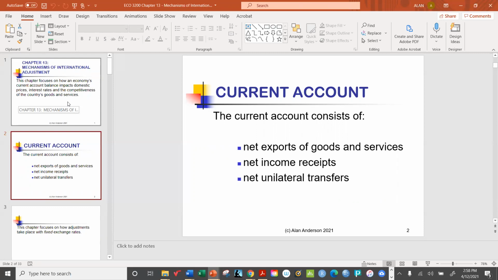And so we're going to see that there have been, over the centuries, several different theories as to how the current account balance adjusts to the state of the economy. And so we're going to start out by looking back about 250 to 300 years into the past.